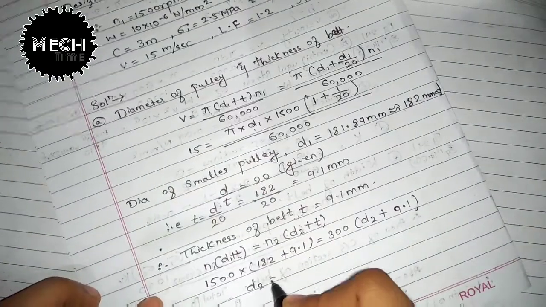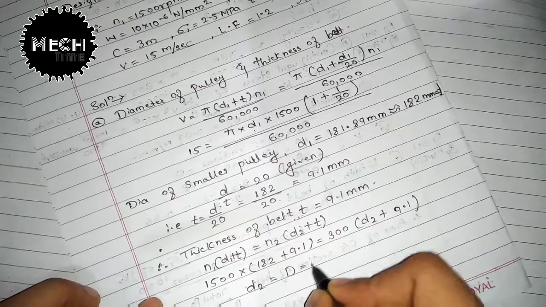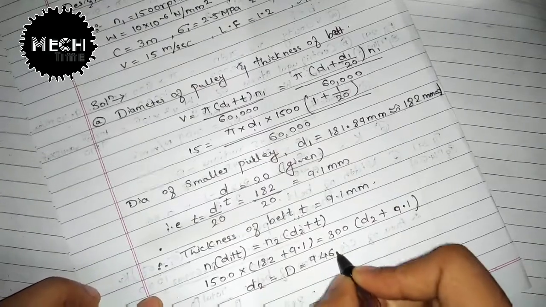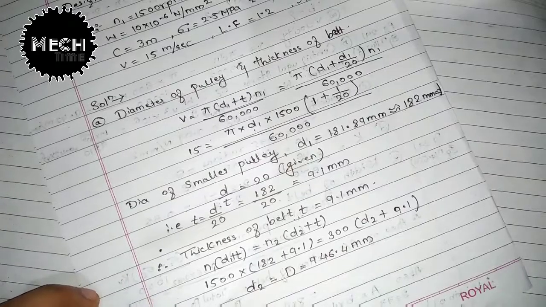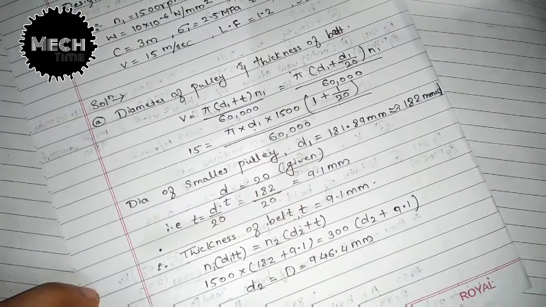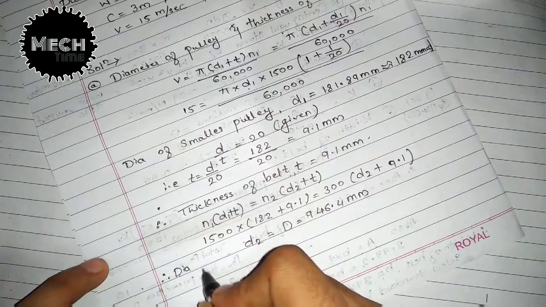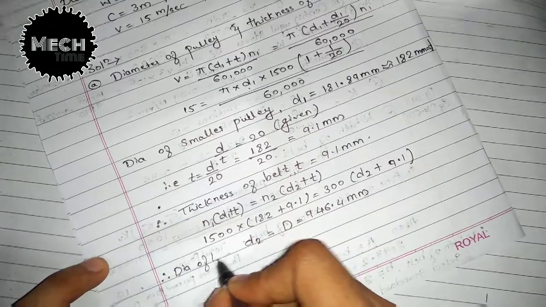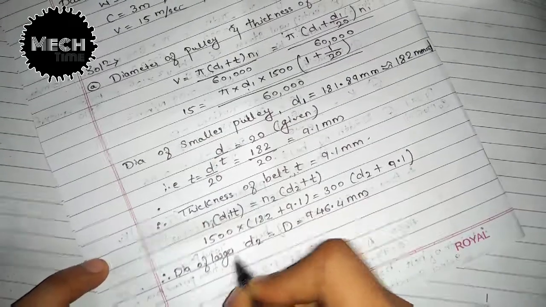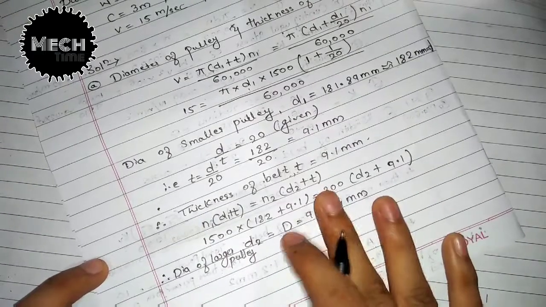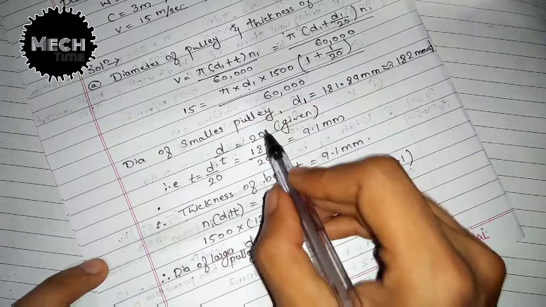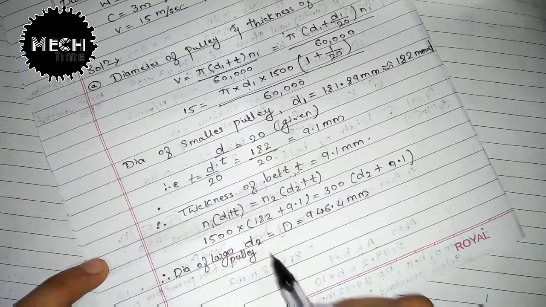So d2, capital D, is equal to 946.4 mm, and this is therefore the diameter of the larger pulley. Earlier we found the thickness of the belt, and now through this we have found the diameter of the larger pulley.